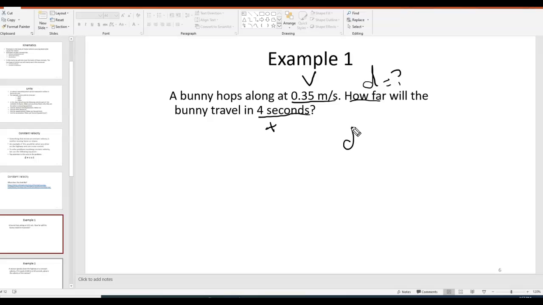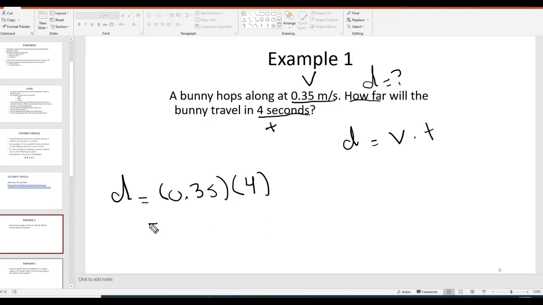I use my constant velocity equation, d equals v times t. I'm solving for d, and now that I've identified my variables and written down my equation, all I'm going to do is plug into my equation and solve. d equals v, I'm going to plug in 0.35 for the velocity, times t. t is 4 seconds, so I plug in 4.